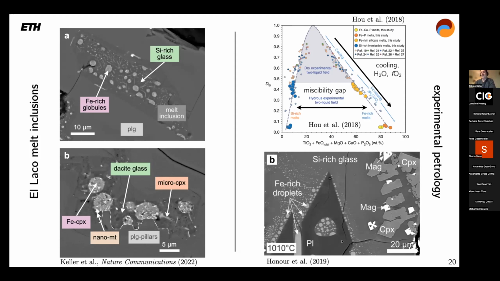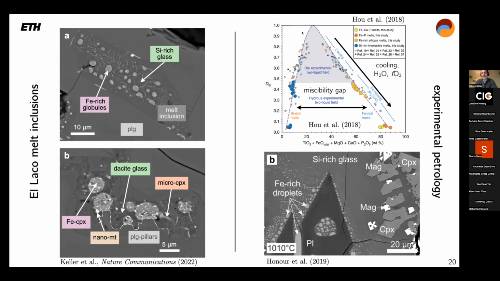And so basically, if you crystallize plagioclase, you push the iron away from that crystallization boundary and you form an iron-rich boundary layer around it. And that can push conditions into a place where an iron oxide-rich fluid becomes stable as an immiscible fluid coexisting with a silica-rich melt.